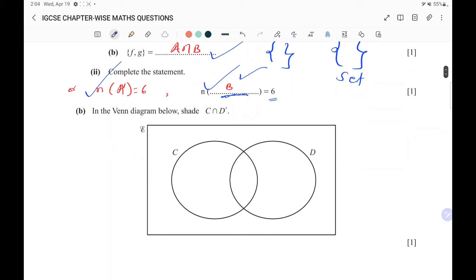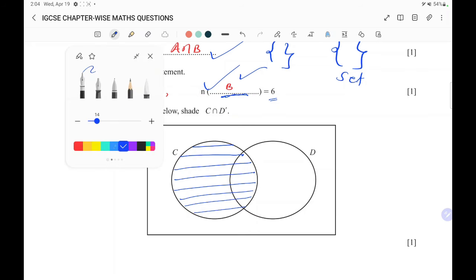Now the Venn diagram shows below. Then shade C intersection D complement. So C is this part, because I had to show here, that's why I didn't fill this earlier.